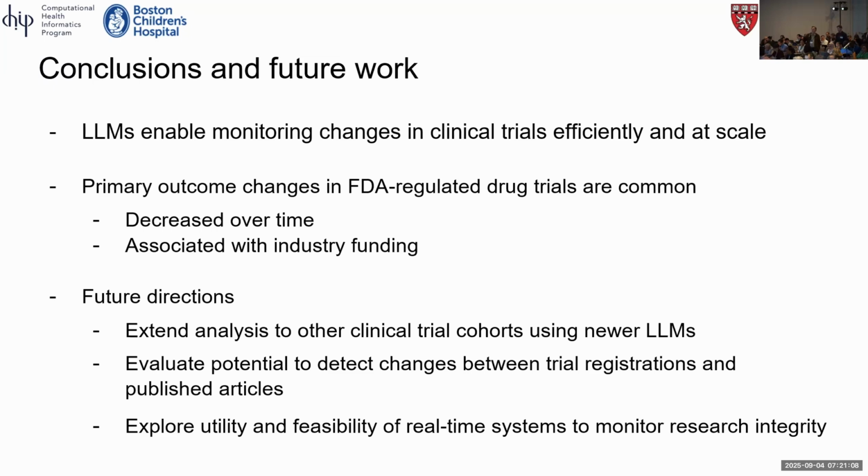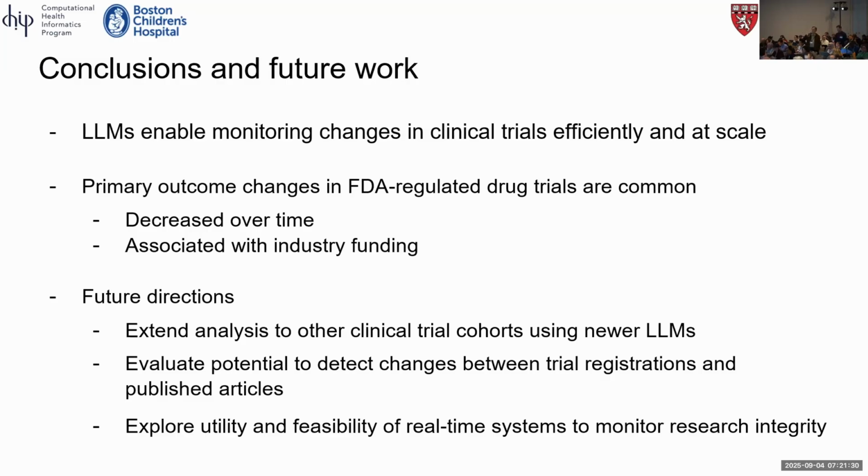And the key is, was the blind broken? And then were things changed from secondary to primary or vice versa. So one way you might consider investigating that is actually to look at the FDA reviews also on the ones where there's any suspicion of primary outcome changes.